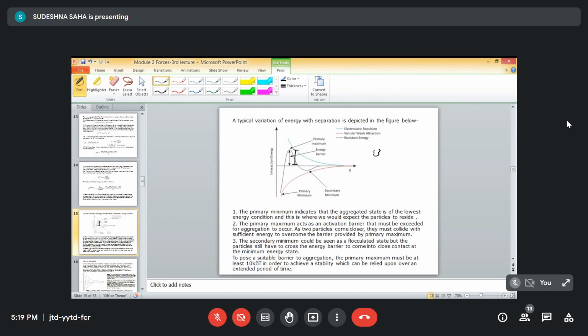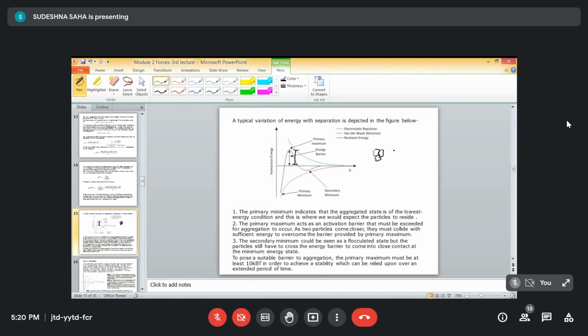Flocculation is when different particles come together, or flock together. They don't lose their individual identity, and there might be a very small loss of surface area, but mostly the surface area equals the summation of the surface areas of each of these particles.